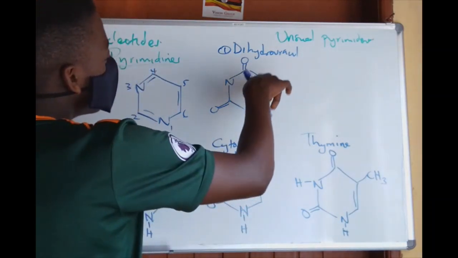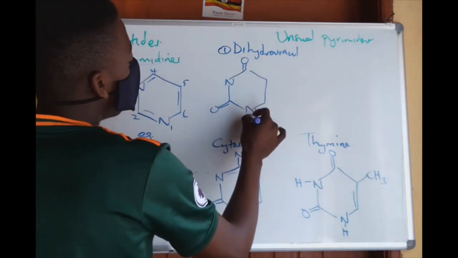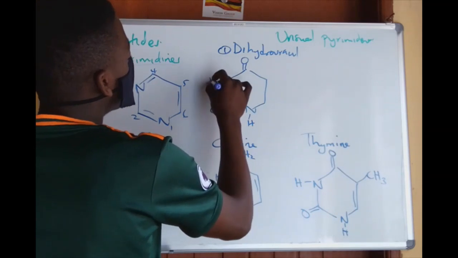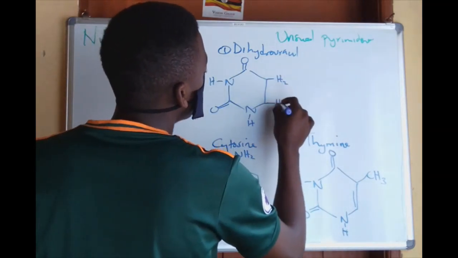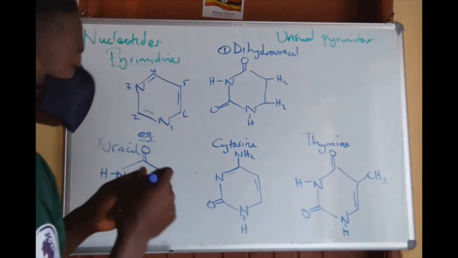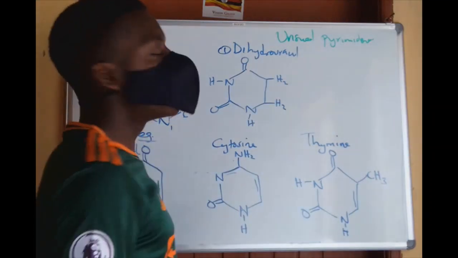There was a double bond here, and it will be replaced by hydrogen like that. Two hydrogen atoms. And that is called dihydrouracil.